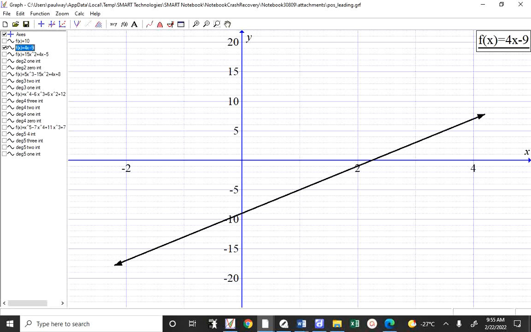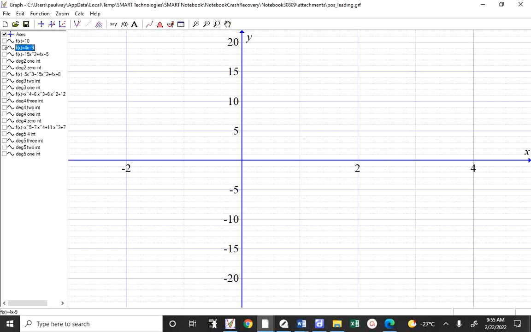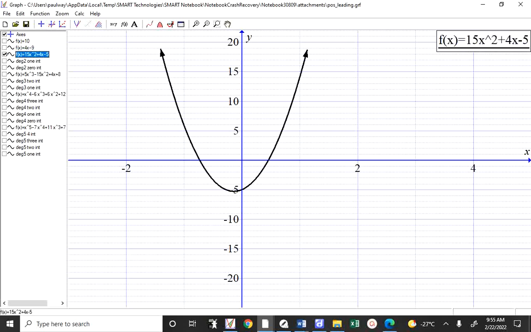So for a linear polynomial function, the degree is 1, and there's one x-intercept. I hope you're starting to pick up on a pattern here. Because if I go to a quadratic polynomial function, which is degree 2, there are 2 x-intercepts. But it's more complicated than saying the number of x-intercepts matches the degree.